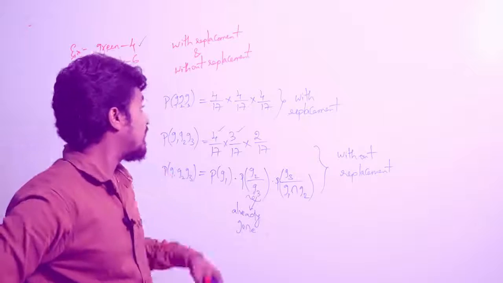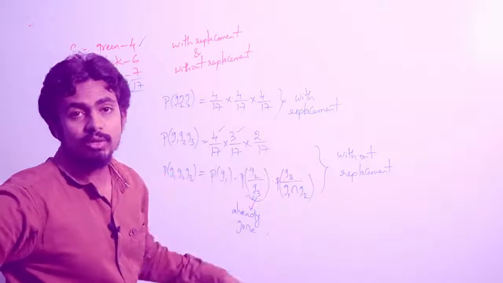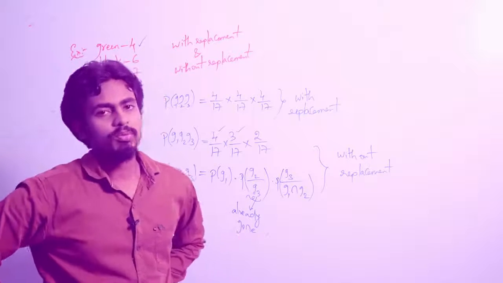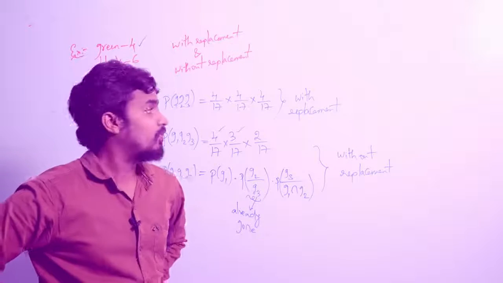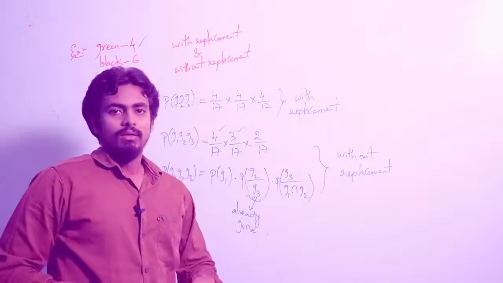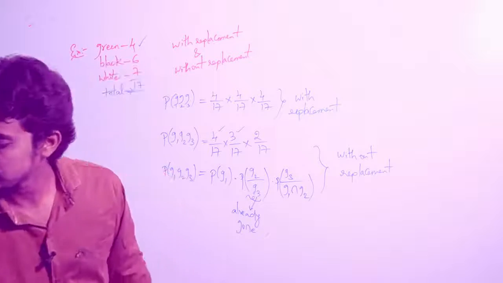Then you will easily get how to apply with replacement and without replacement. Let's see one more problem for the joint probability. Then you will get to know how to apply the questions with the appropriate answers.